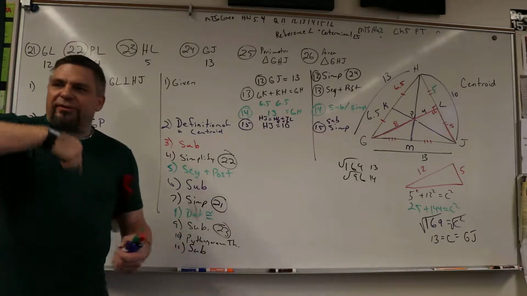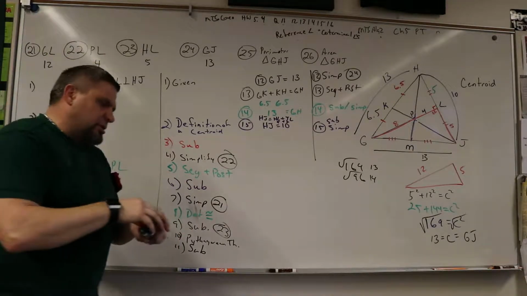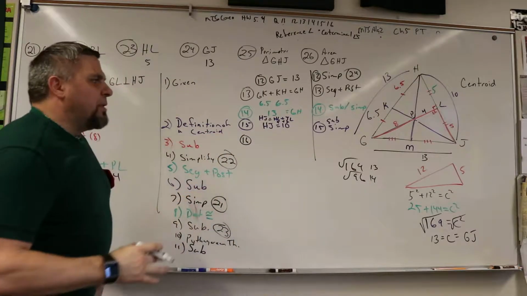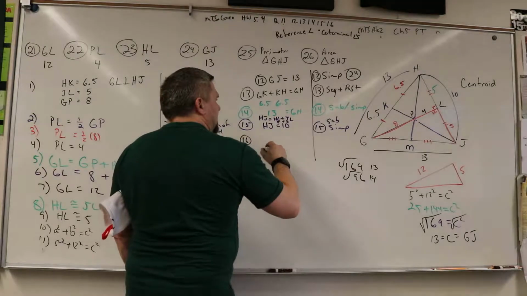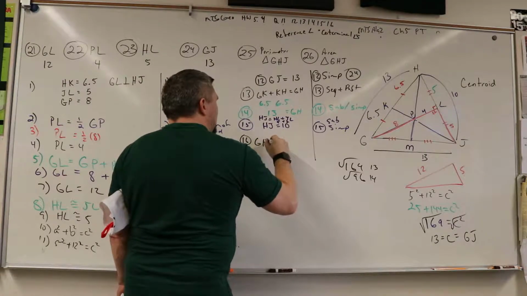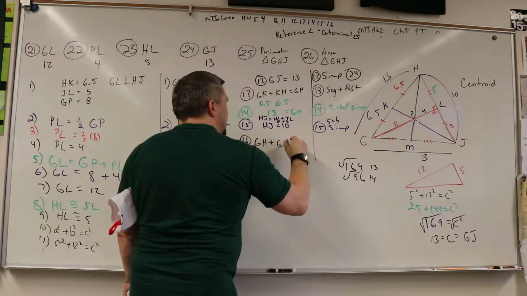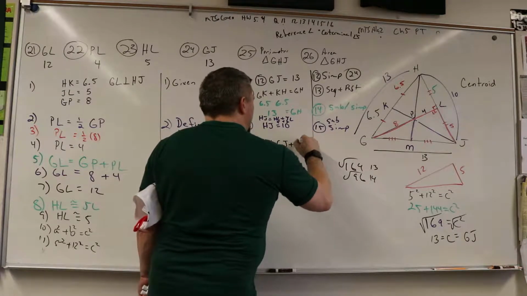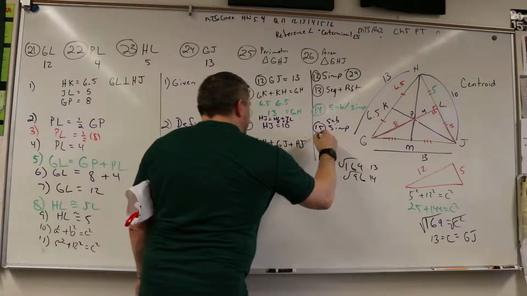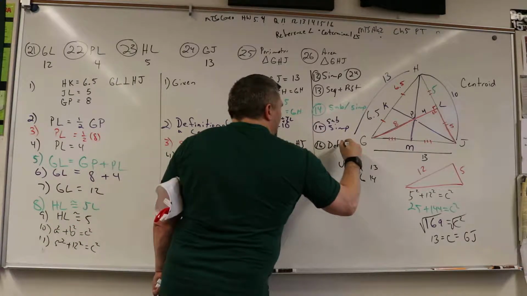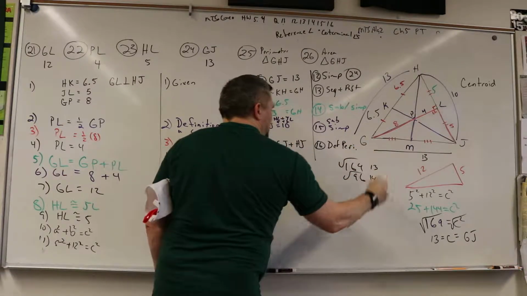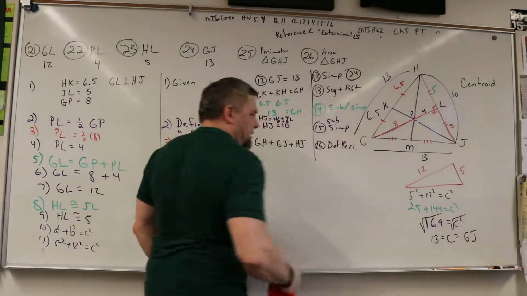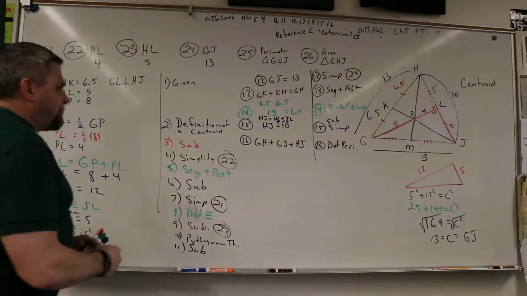But what do we do now for perimeter? For a perimeter, we have to add up all the sides, right? So the perimeter is going to be GH plus GJ plus HJ, right? And that's the definition of a perimeter, right? So let me cover that up. Okay.